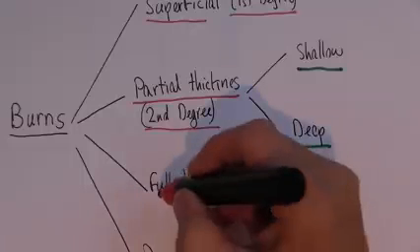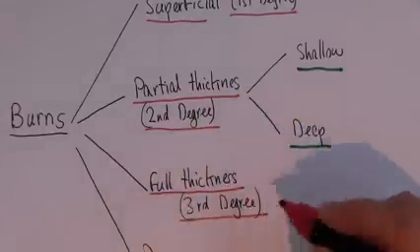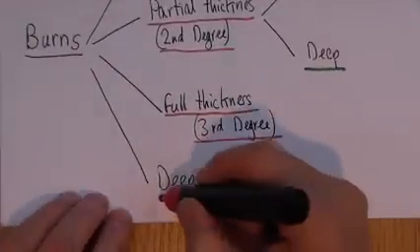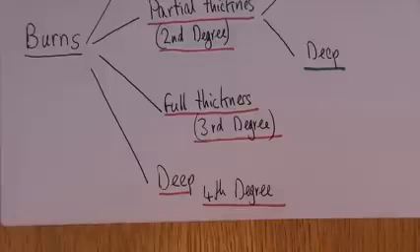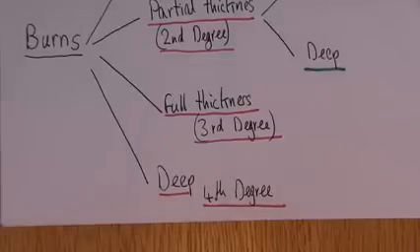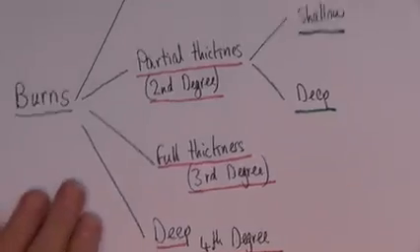Burns can be full thickness, the third degree, involving all of the skin, or they can be even deeper than that, so-called fourth degree burns. Now, I think what we need to do now is do a little bit of anatomy and physiology just to make sure we understand what these classifications mean. So let's move on to that.